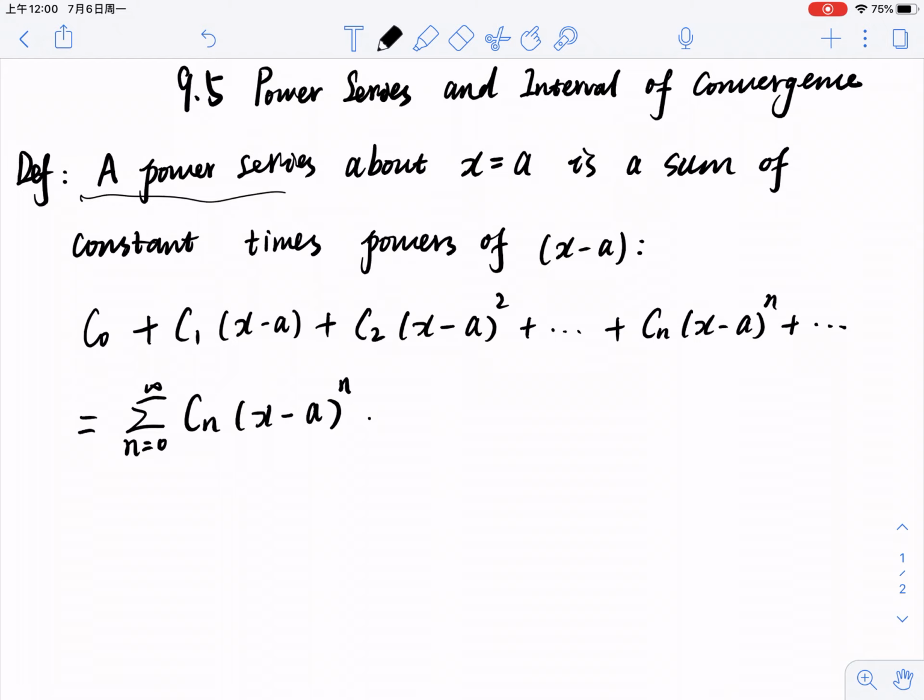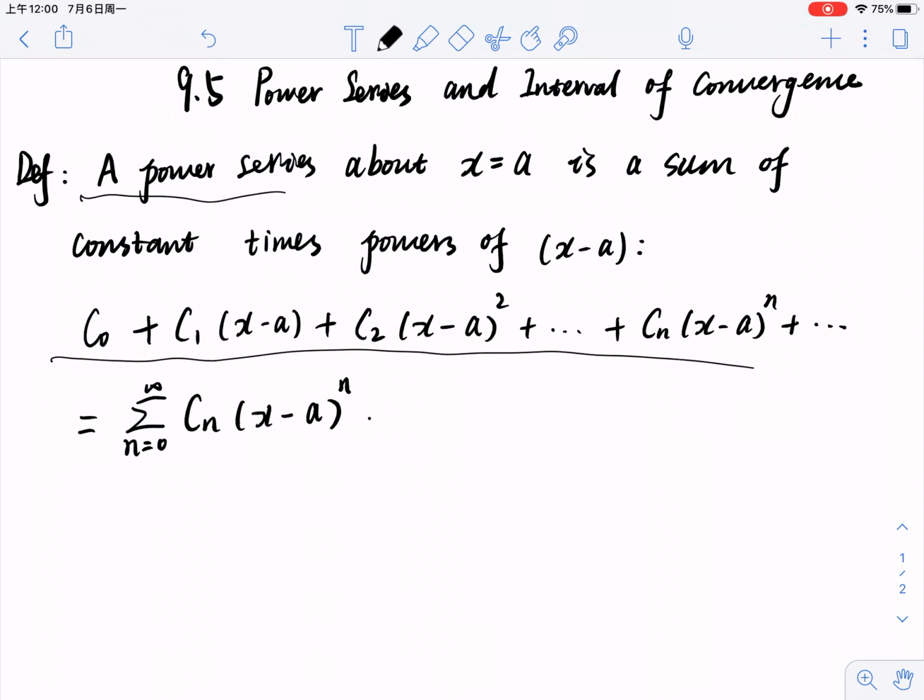A power series about a is a sum of constants times powers of x minus a, that is, of this form: c0 plus c1 times (x minus a) plus c2 times (x minus a)^2, and so on up to cn times (x minus a)^n.